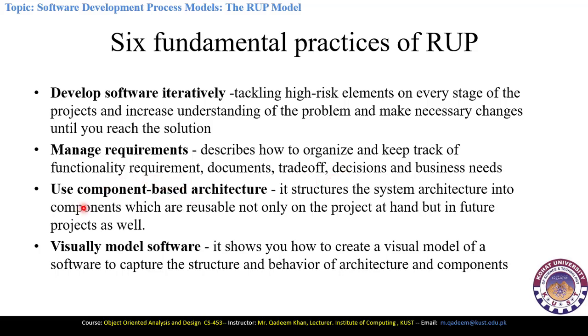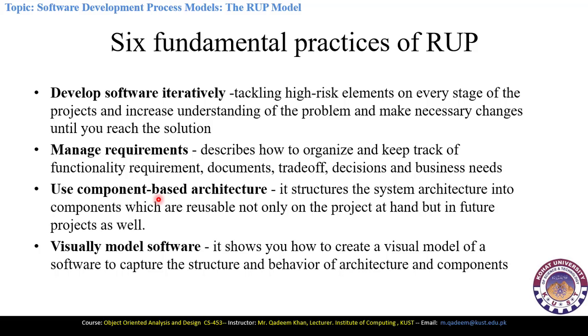Similarly, the rational unified process model also helps us to use component-based architectures here. Here, the component-based architecture will be created, which means that different components will be analyzed and identified, and then these components will be integrated with each other, and also the interaction of the components will be provided.